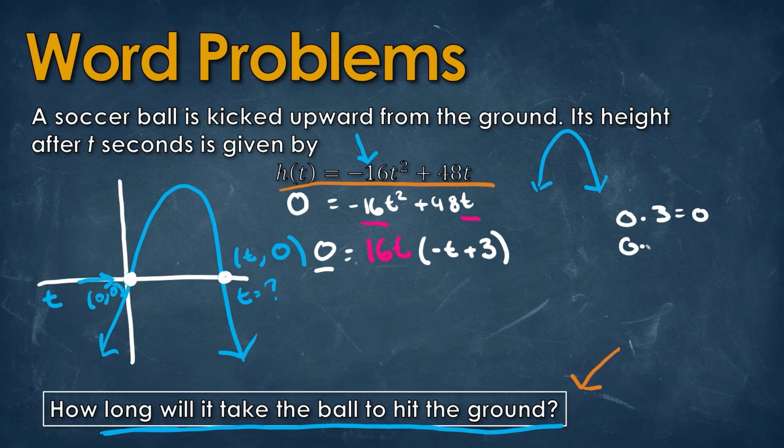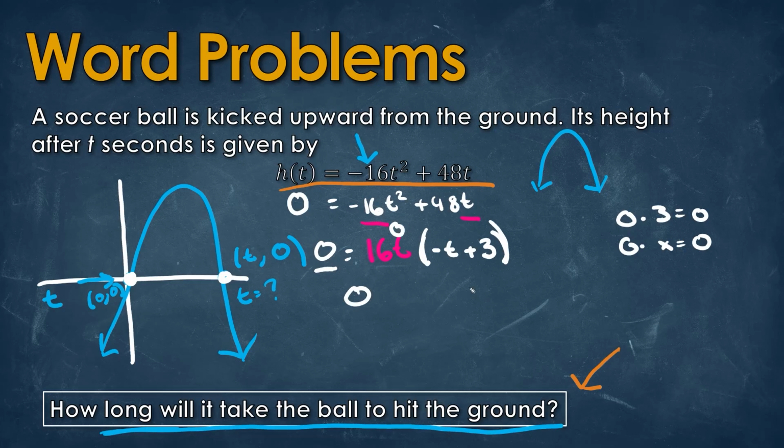If we have 0 times a number x, that's always 0, meaning that if the 16t was equal to 0, it really wouldn't matter what this negative t plus 3 is, because no matter what, 0 times something is always going to be equal to 0.